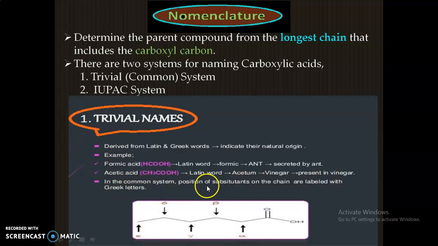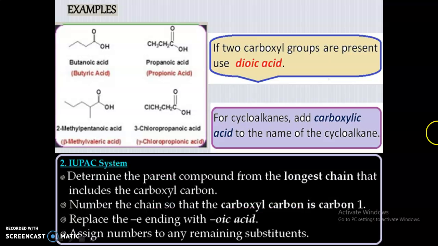In the common system, the positions of the substituents on the chain are labeled with Greek letters. This is the functional group COOH. It is alpha, beta, gamma, delta, and epsilon. These indicate the positions. Next, these are some examples.